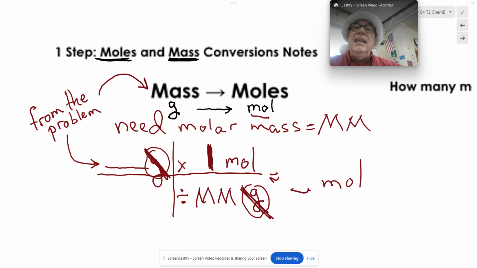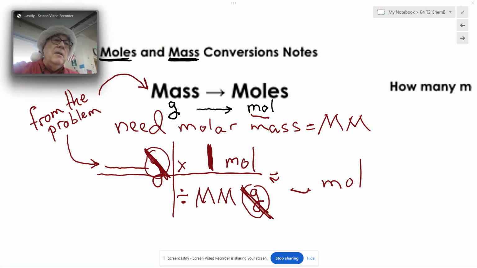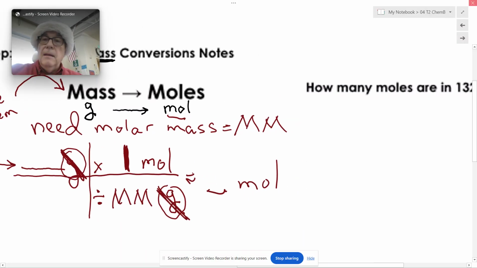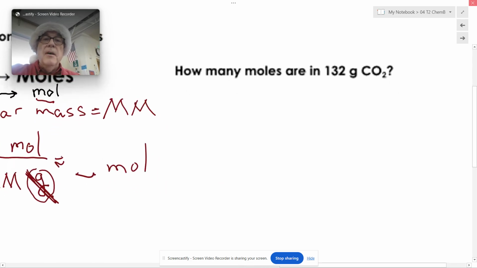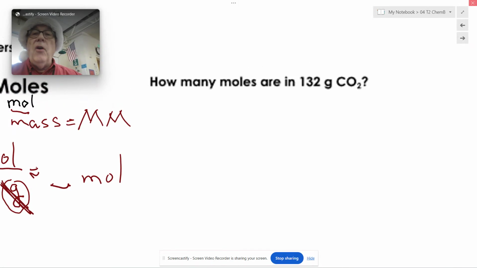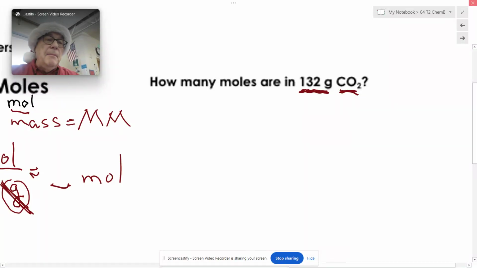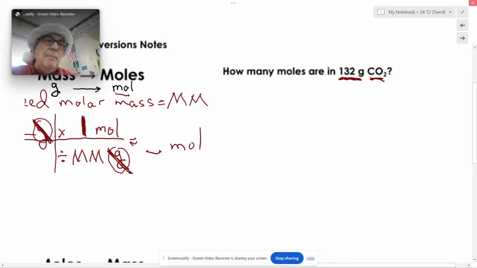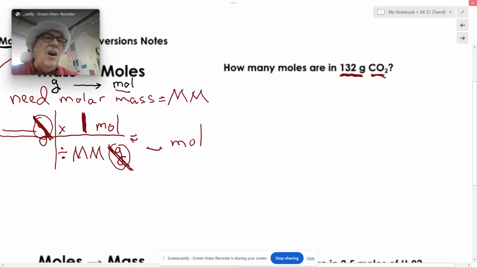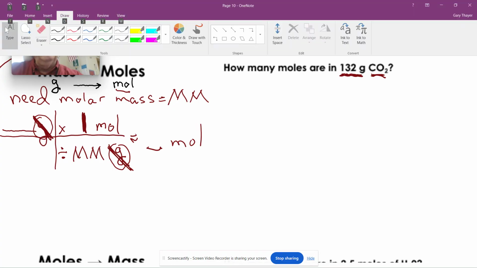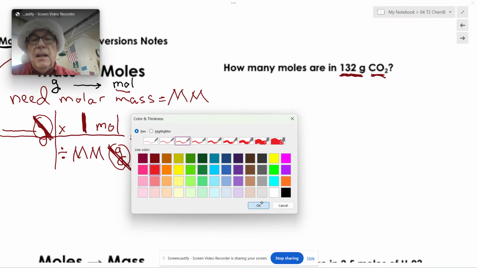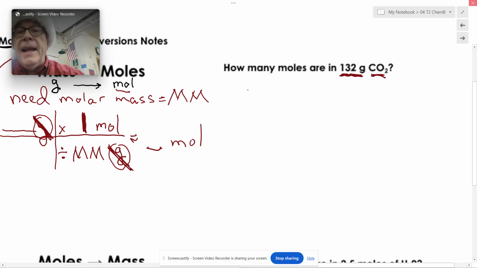In fact, let's go right now to this side of the page where it says how many moles are in 132 grams. So you notice we are starting with grams of CO2, right? Now I'm going to shrink this a little bit, and I'm also going to switch to a little bit different color so you can glance up and see where you're writing.